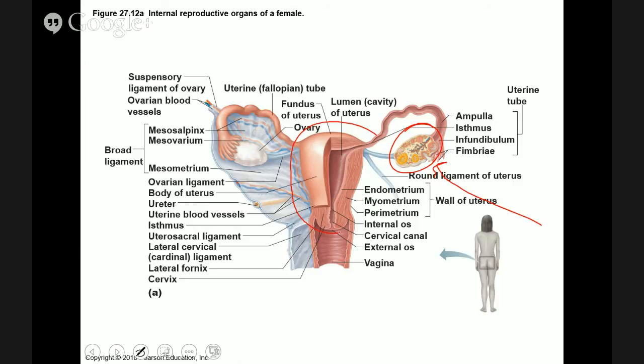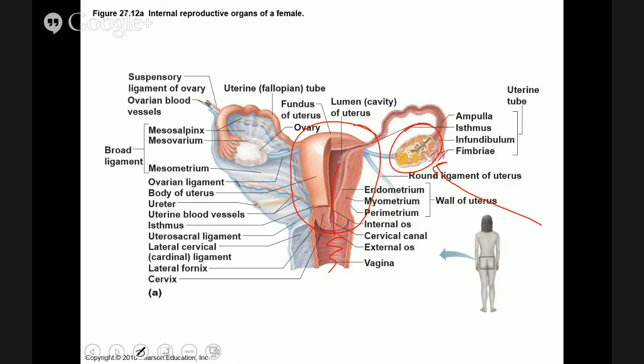The uterus is a very important structure because it doesn't receive the sperm. The vagina receives the sperm, but the uterus is a passageway by which the sperm make their way toward the ovaries. But the uterus is also important because it's going to be the location of the implantation and development of the fetus.